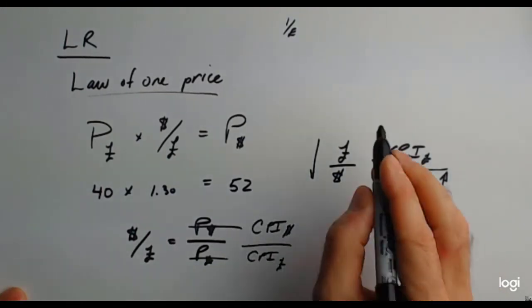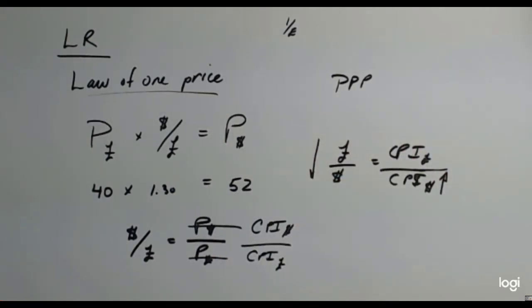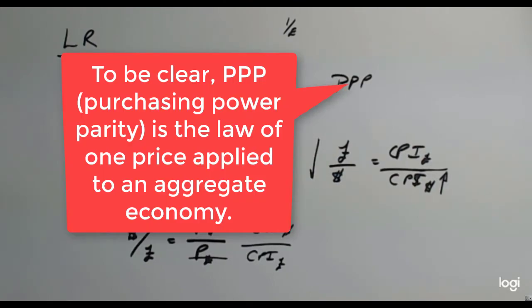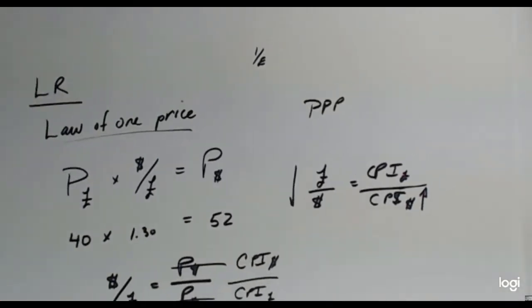Now, the law of one price is called PPP, purchasing power parity. Okay, so your purchasing power, your money in one country, should be able to buy the same amount of goods in another country once you adjust for exchange rates. Now, let's go to another concept called real exchange rates, using this example we just had.